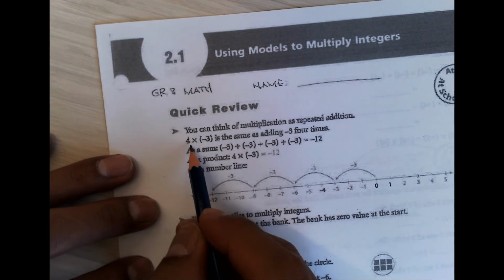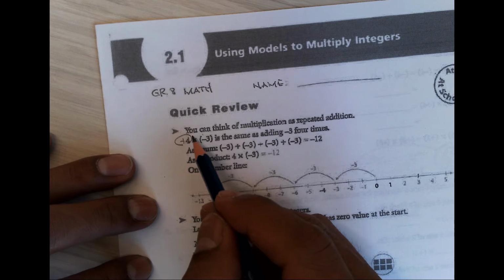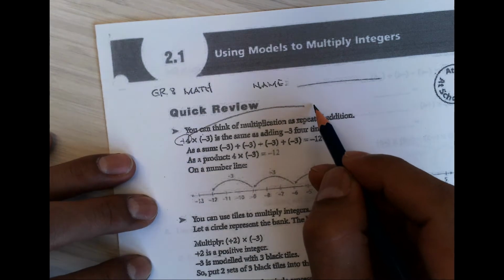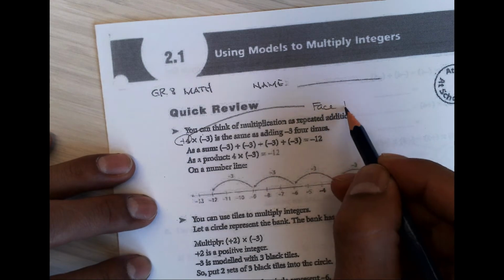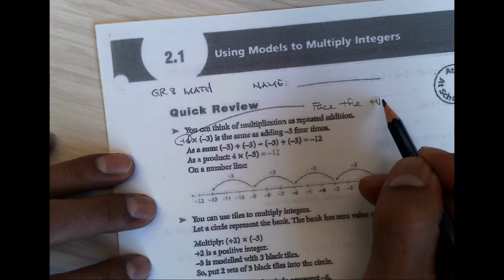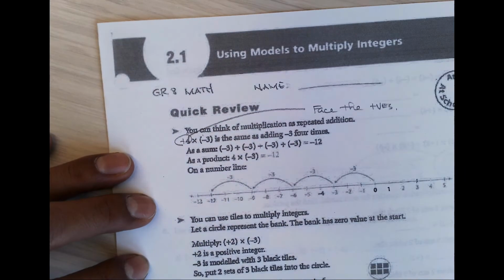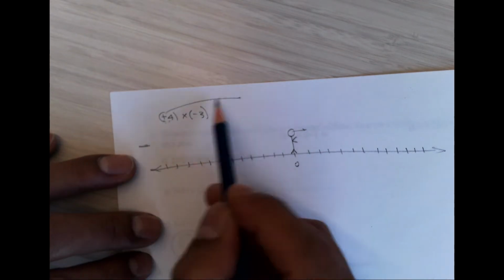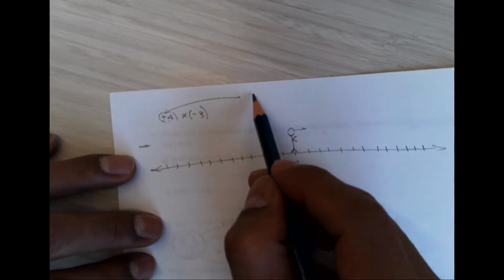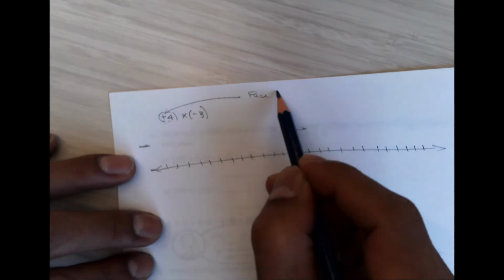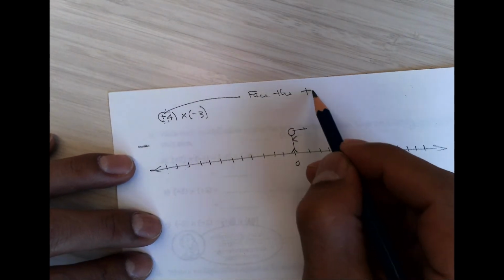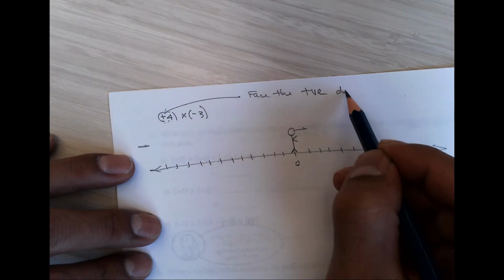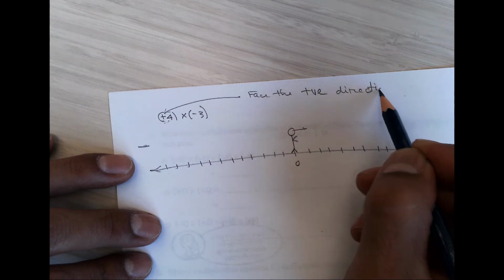This first number, positive 4, means face the positives. So that's what we're going to write over here as well. This first number, if it's positive, means face the positive direction. And so here he is.